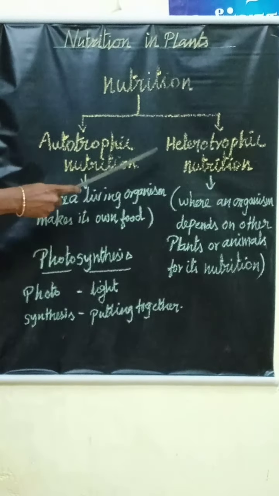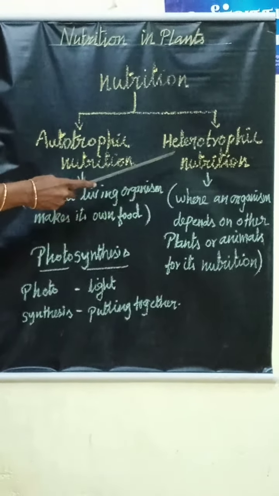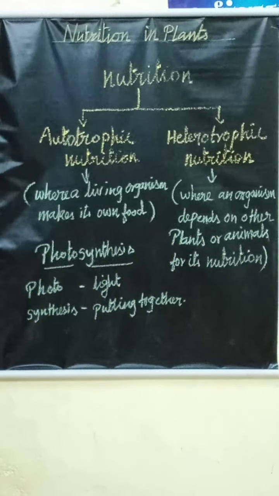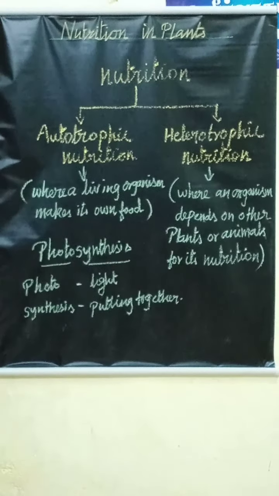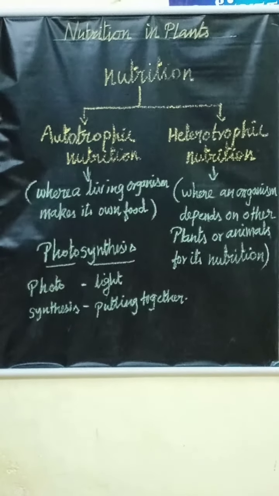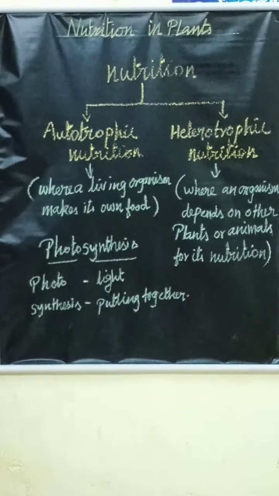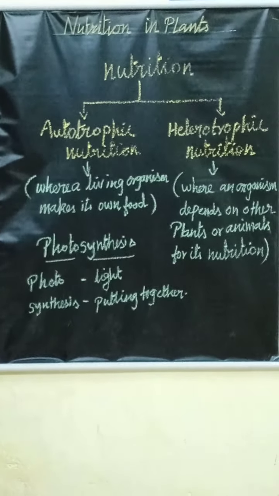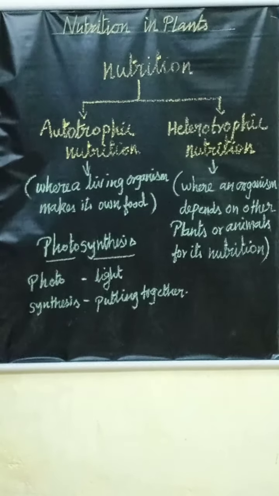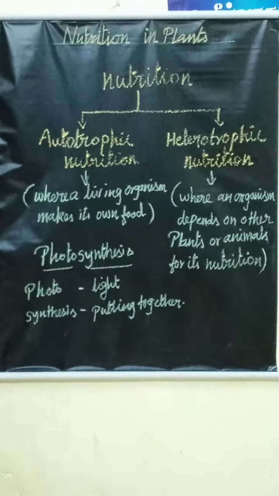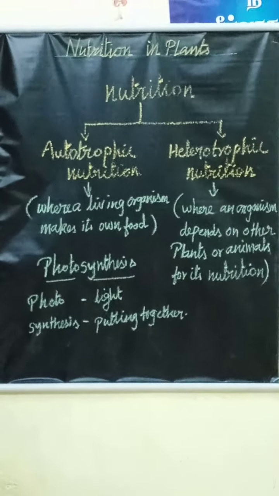What is heterotrophic nutrition? In this kind of nutrition, an organism depends on other plants or animals for its nutrition. It cannot make its own food. It needs to depend on other plants or animals for its food.